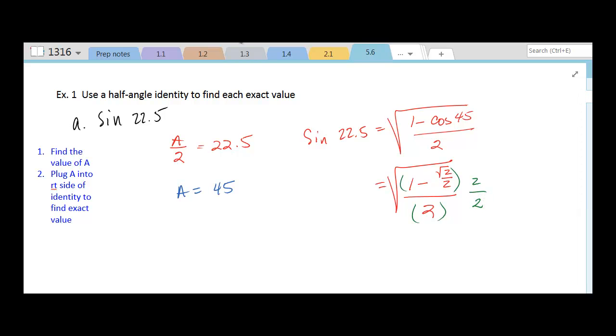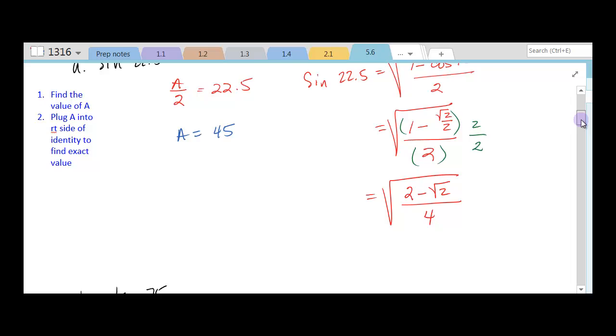Using the distributive property, when I multiply 2 inside here, I get 2 minus, and then this 2 times that fraction gets rid of the denominator, leaving me with just the square root of 2. All of that's over 2 times 2, which is 4, and again under a single radical.